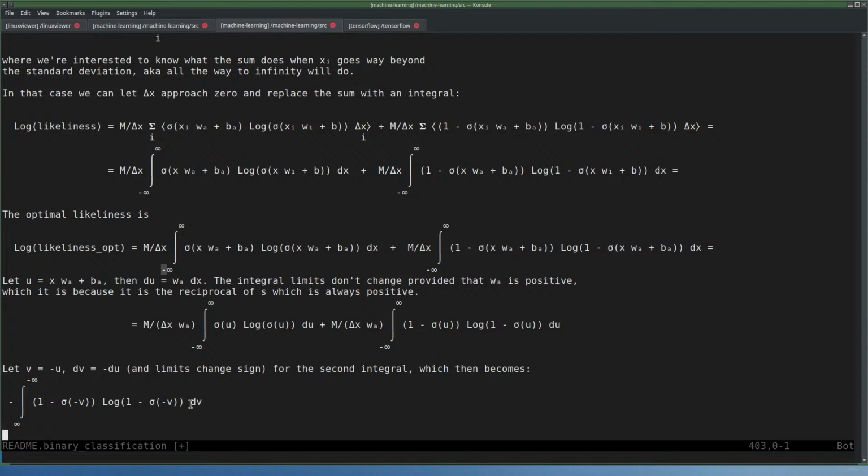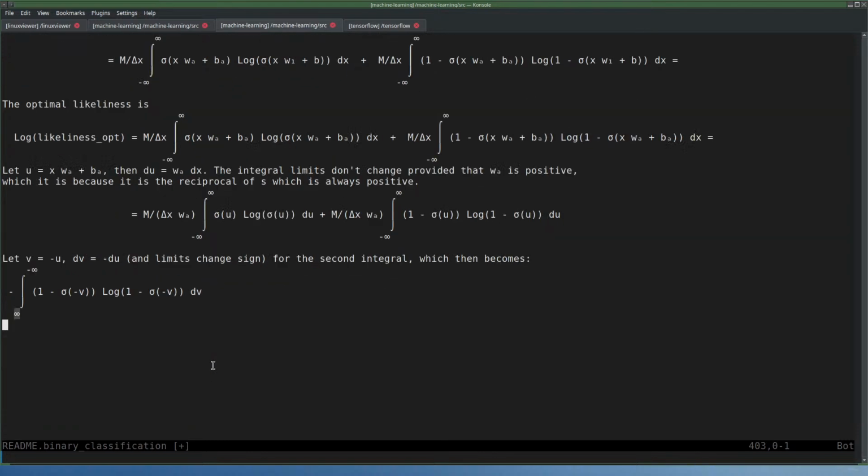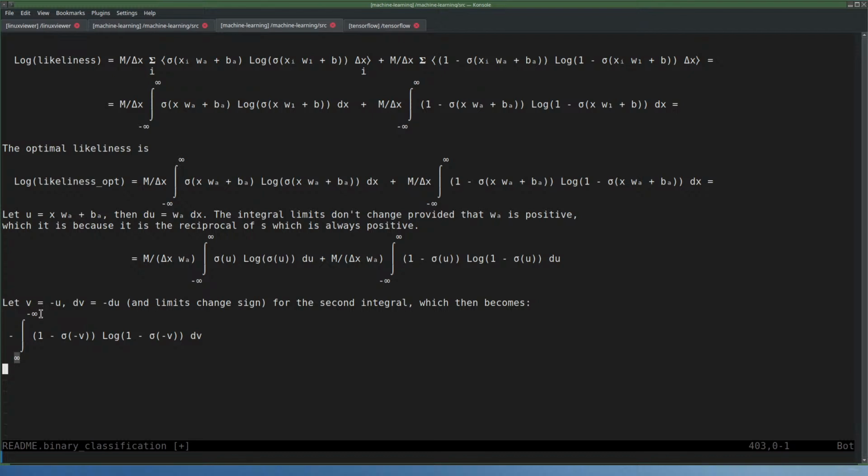Yeah, so the U is minus dV, and the limits change sign because, well, also, if U is plus infinity, then V is minus infinity.